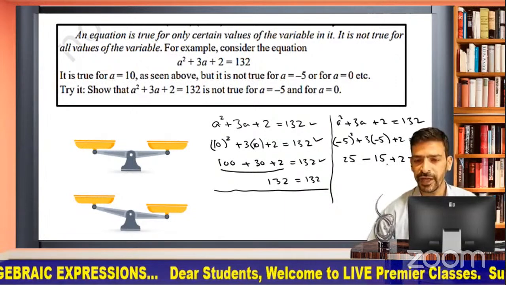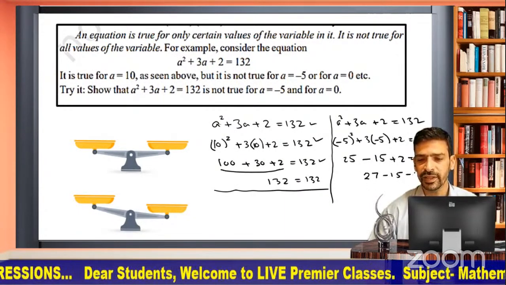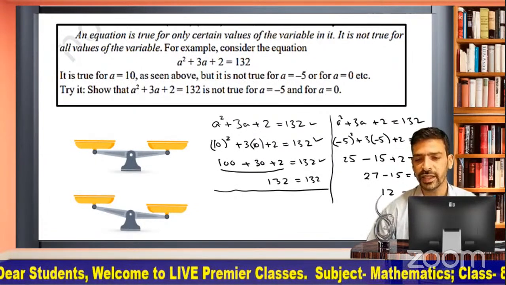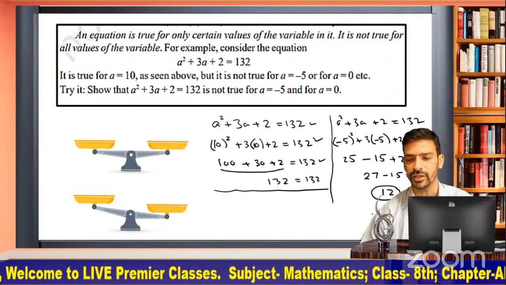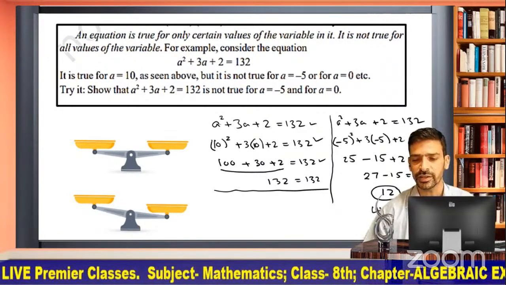So 25 and 2 is 27, minus 15 equals 132. ठीक? So it is 12 equals 132. So LHS is not equal to RHS.